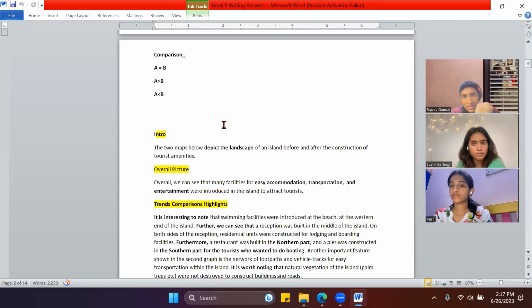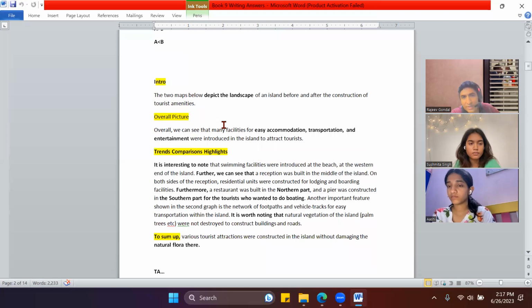If you were to speak just one sentence, what that sentence would be is this overall picture. Like here it is written, overall we can see that many facilities for easy accommodation, transportation, and entertainment were introduced in the island to attract tourists. So this is the overall picture, right?